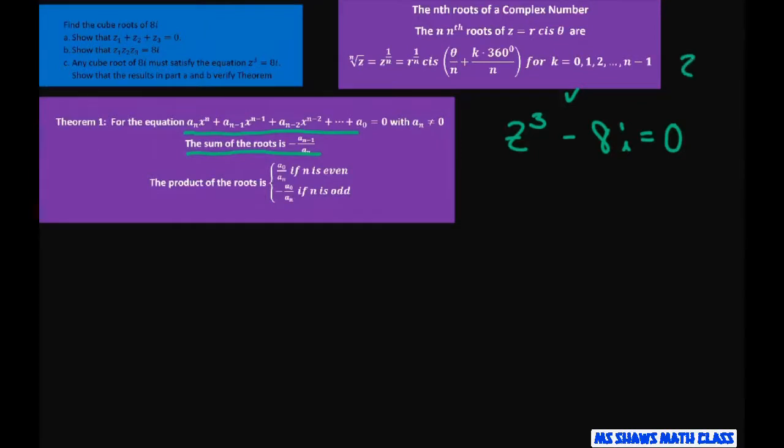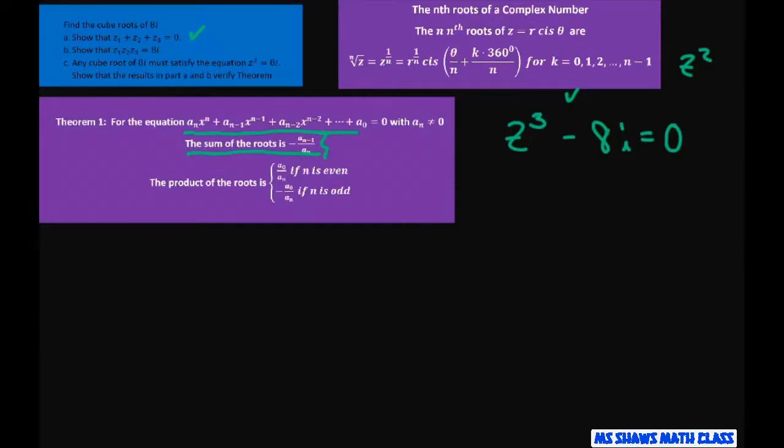We don't have a z squared or anything like that. So we just say that the sum of the roots is 0 based off what we did in part A, because this formula states you have to use the previous term and the current term, and we have a missing term.